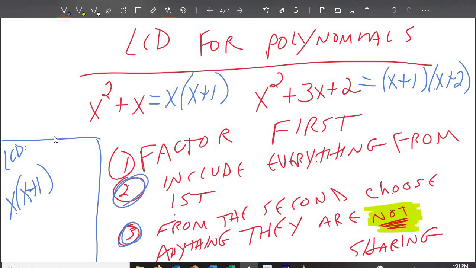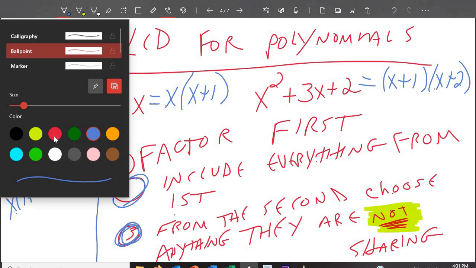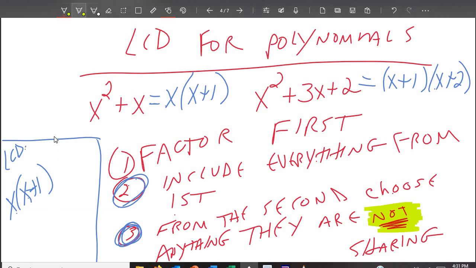Step 3 means I look at the second one that I factored. If there is something that these two pieces are not sharing, I've got to put that as part of the LCD. Let me use the highlighter here. Notice both of them have an x plus 1. They are sharing the x plus 1.